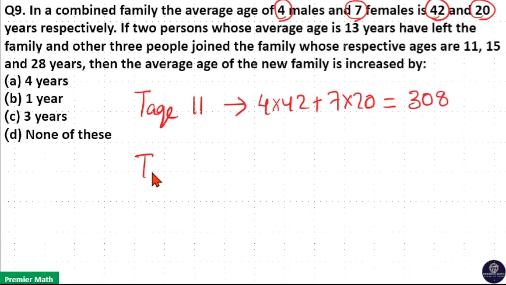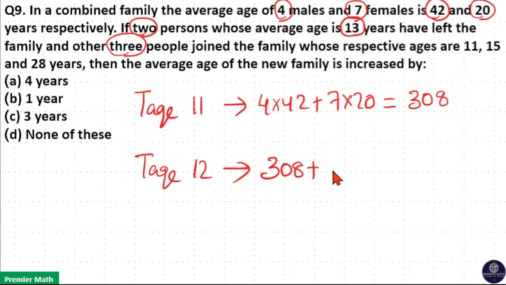Now, total age of 12 people, because 2 people left the family and 3 people joined the family. Now overall increment in the numbers is 1. So 11 plus 1, 12. So that will become 308, total age of 11 people, plus overall increment in the ages. That is, when 2 people left, minus 26 should reduce from the total age.